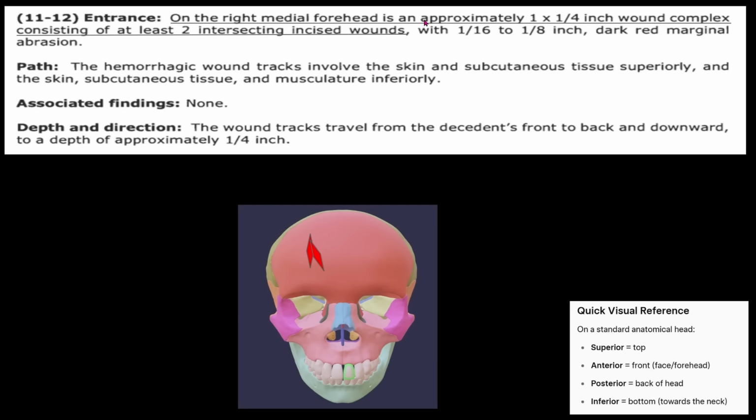On the right medial forehead is a 1 1/4 inch wound complex consisting of 2 intersecting incise wounds, with a 1/16 to 1/8 inch dark red marginal abrasion, again indicating a serrate. Wound tracks from front to back and downward approximately 1/4 of an inch. So it's 2 cuts on her forehead like this.